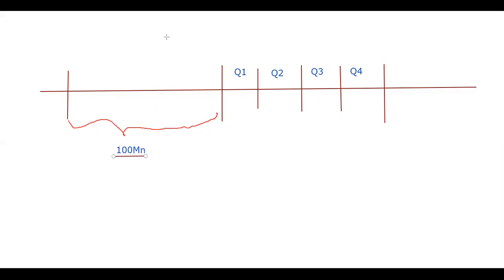You divided the prior year tax liability by 4 and paid taxes each quarter equally: 25 million this quarter, again 25 million this quarter, again 25 million this quarter, and again 25 million in this quarter. Likewise they paid the quarterly installment: first quarter, second quarter, third quarter, fourth quarter. So this was the practice.